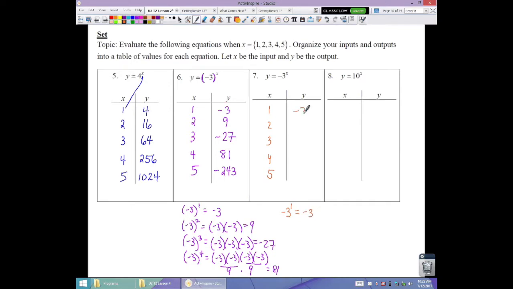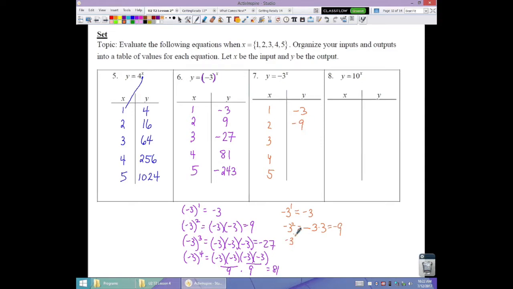So my answer is -3. What's the difference, you may ask? Well, when I put a 2 in for x, -3 squared, again, only the 3 is being squared. So this is a negative sign, and then 3 times 3. Well, 3 times 3 is 9. Put a negative in front of it is -9.